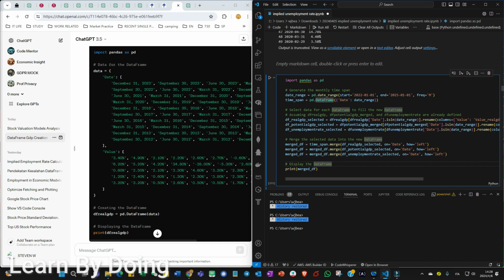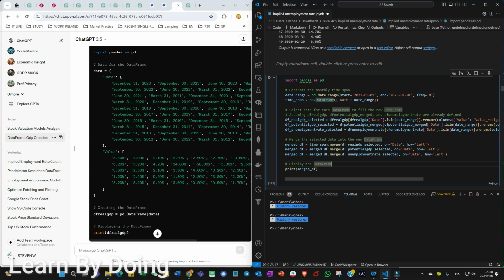I think sometimes it might be more efficient, because when you merge the data sets in GPT, sometimes it will have many errors. Like sometimes you have a different array length or array format, and it will have an error. I will not show you all the errors, but usually you will meet them.